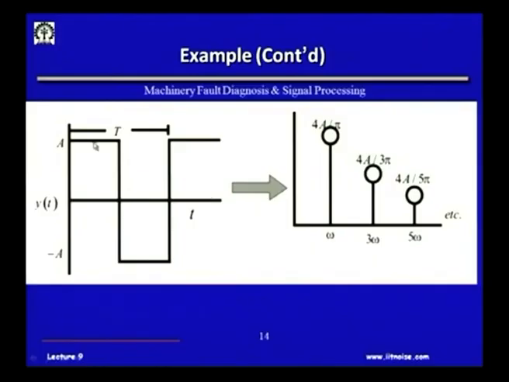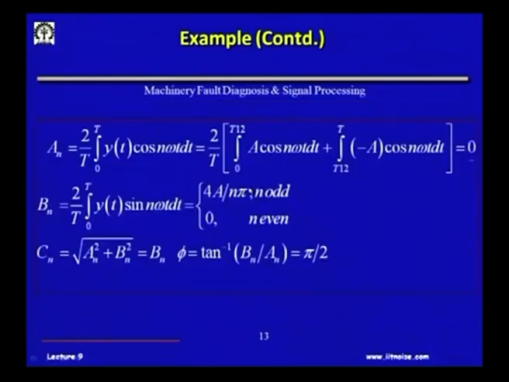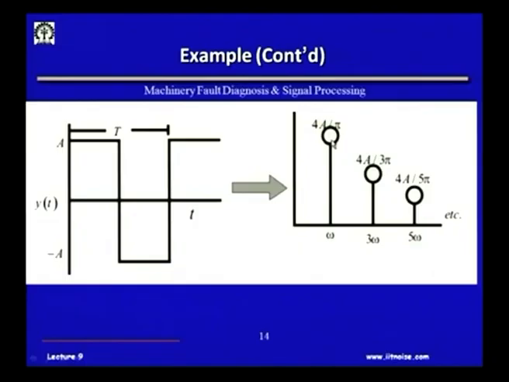And thus, if I was to represent a square wave in the frequency domain, this is the square wave which we originally had. If I did the Fourier series expansion by these expressions here, I will land up with such an expression wherein the fundamental is at 4A by pi, the second harmonic, in this case it is 3 omega, because the second one does not exist. So, it has omega, 3 omega, 5 omega, 7 omega and so on.